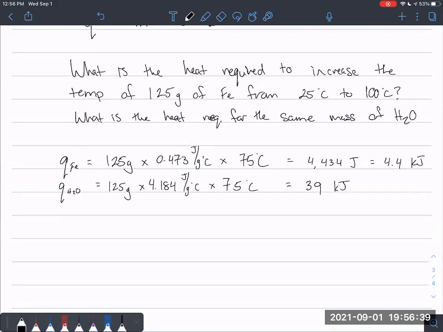All right, so we can also use this to determine specific heat capacities of something that we don't know.